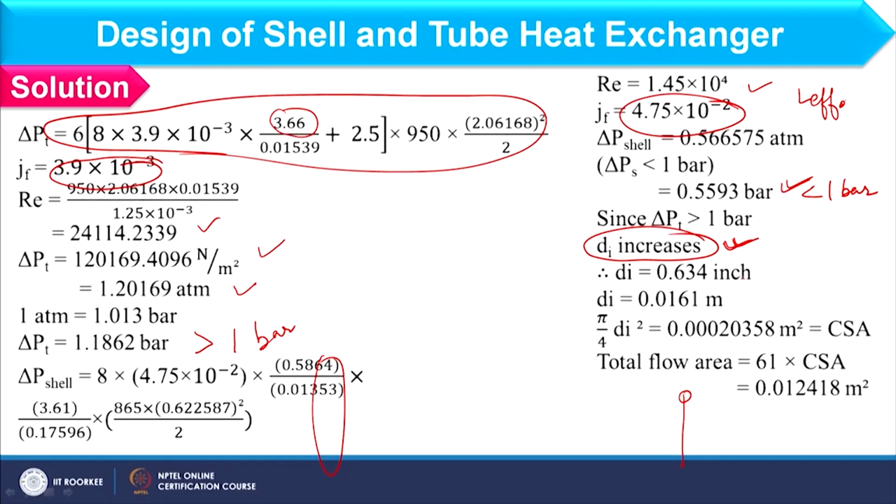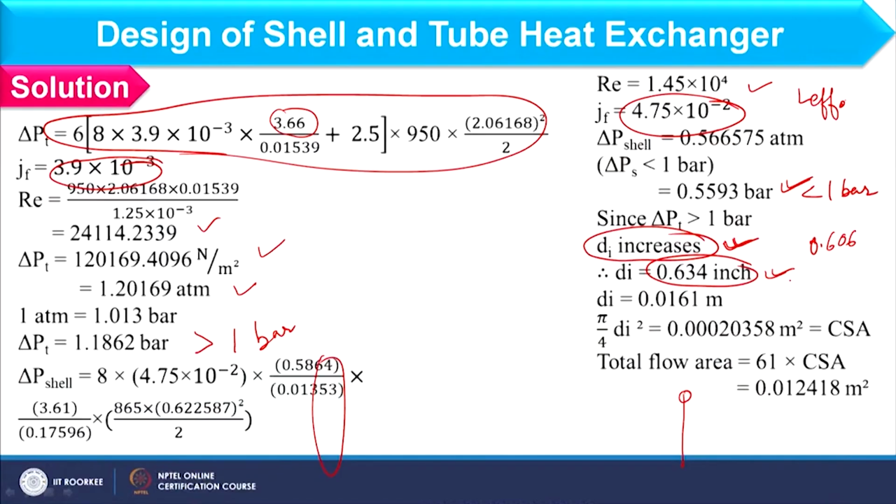So next, di value I am considering as 0.634 inches. Previously we considered the value 0.606, and that corresponds to a BWG value of 15. If you increase the di of the tube, you have to decrease the BWG value. I think you can use table B1 effectively and find out di, which comes as like this.